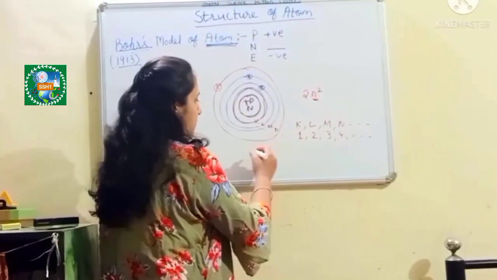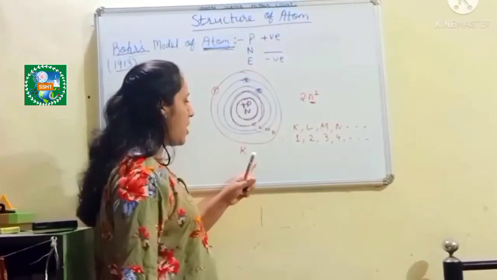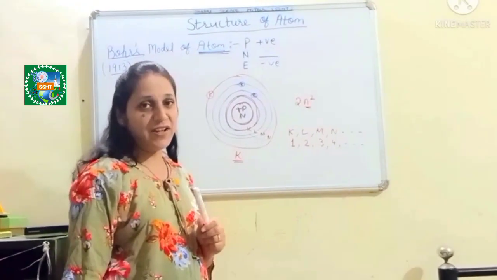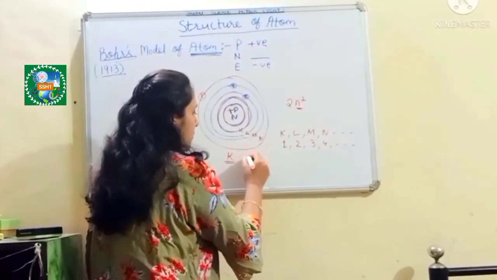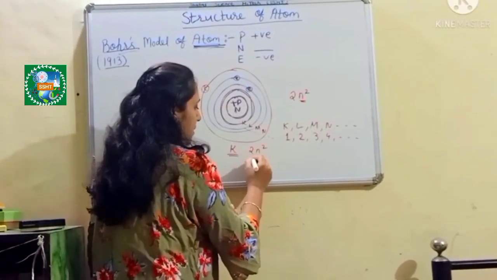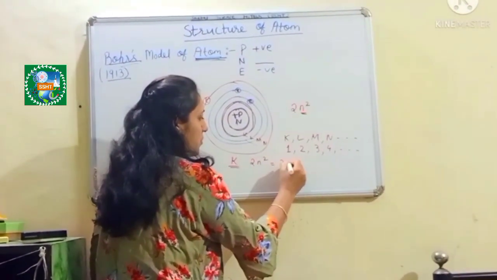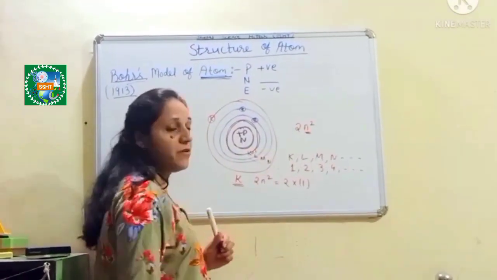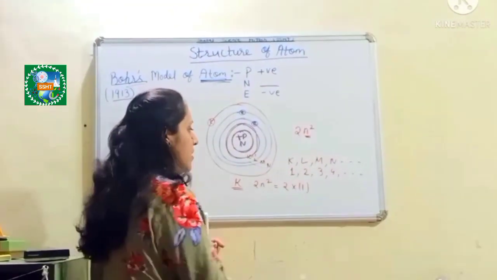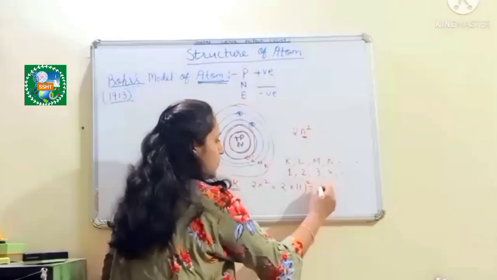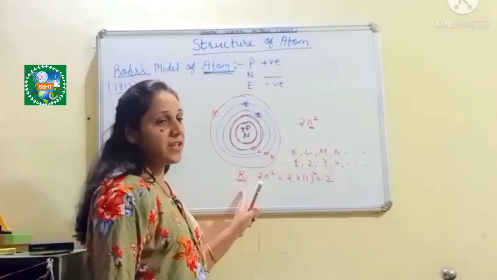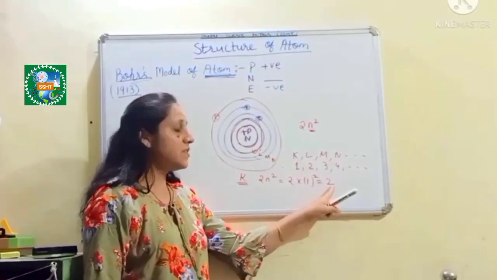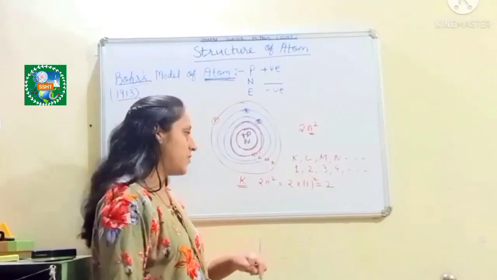If we need to calculate how many electrons can be present in the K energy level, we use the formula 2n², which equals 2 into 1², as K is the first energy level. This equals 2. So the K shell can hold a maximum of only 2 electrons.